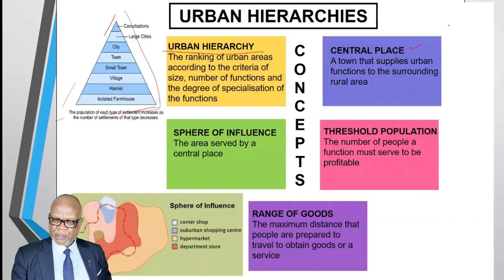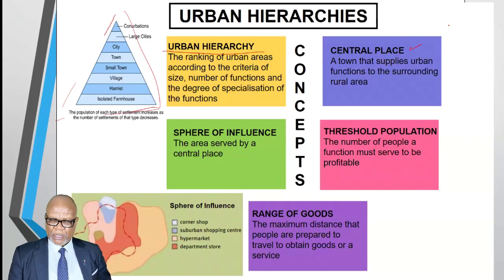And then we said a central place town provides goods and services to the surrounding rural area. And then we have sphere of influence. What is a sphere of influence? It is the area served by a central place.